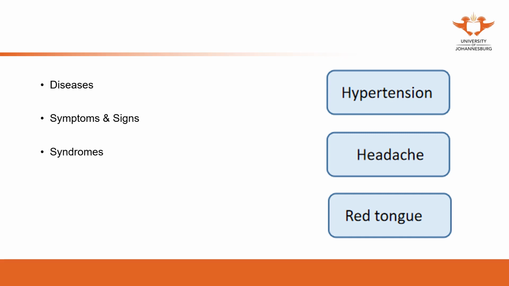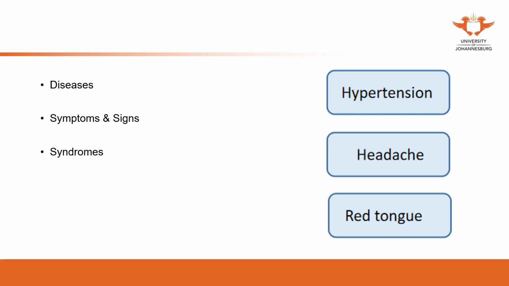Symptoms is the discomfort the patient tells you. A syndrome is a group of symptoms and signs. So when we say syndrome differentiation, we actually talk about a group of symptoms and signs. Also, sometimes we use patterns. Patterns means a group of symptoms and signs.